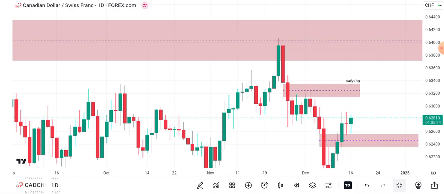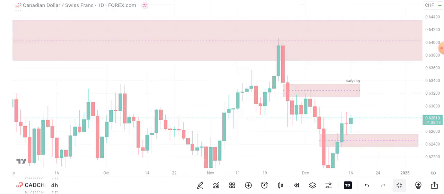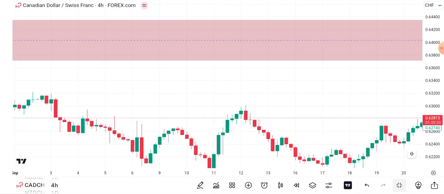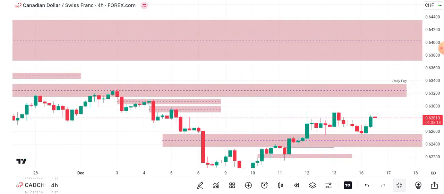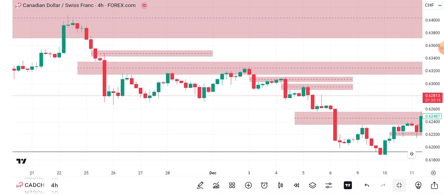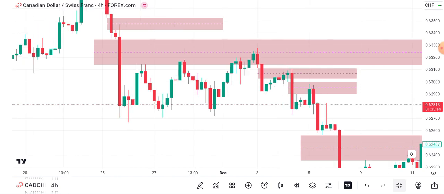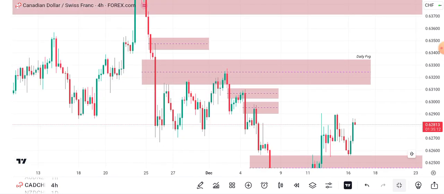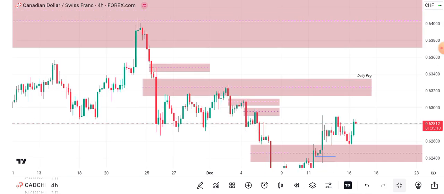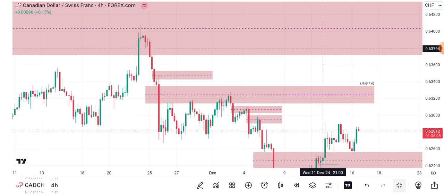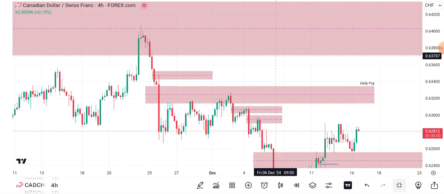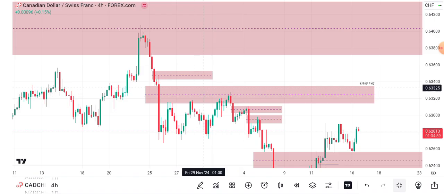So let's go to the 4 hours time frame. Now seeing this, this is the monthly fair value gap that I marked. Now these are fair value gaps, but this is the fair value gap we saw on the daily time frame.